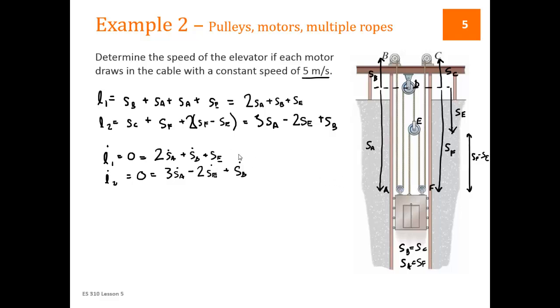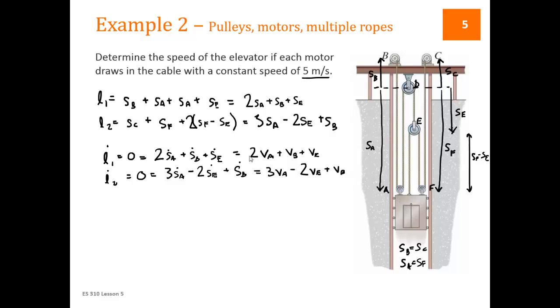Alright, let's solve this first one for SE dot, because that's the variable we don't care about. And we can rewrite these as velocities. So 2VA plus VB plus VE equals 0. And this is 3VA minus 2VE plus VB.